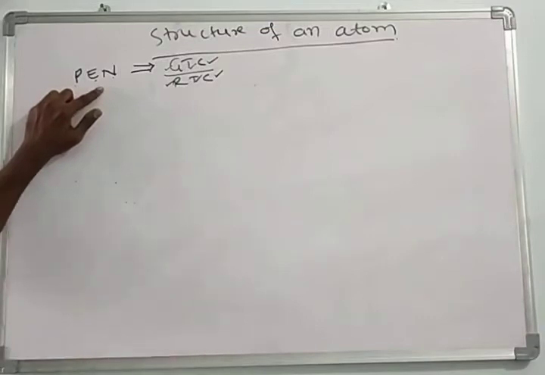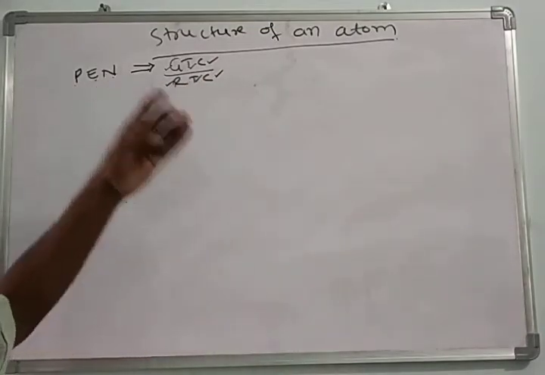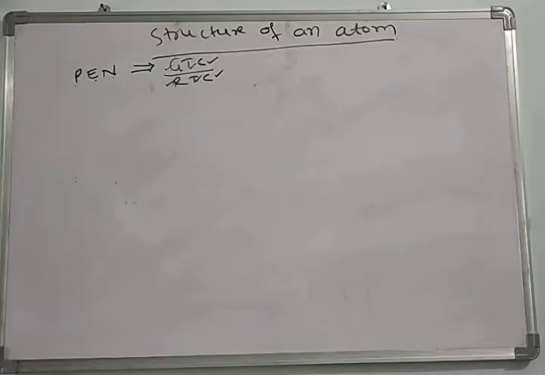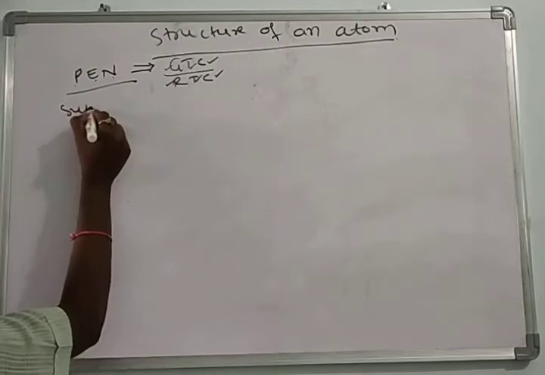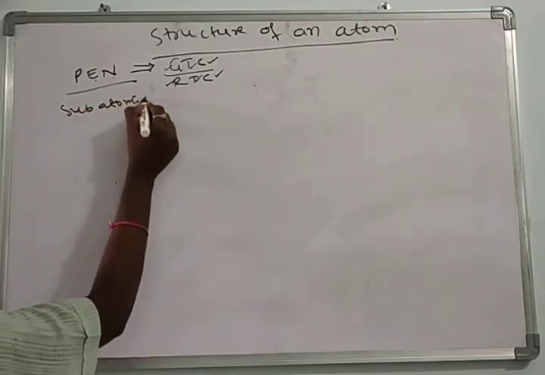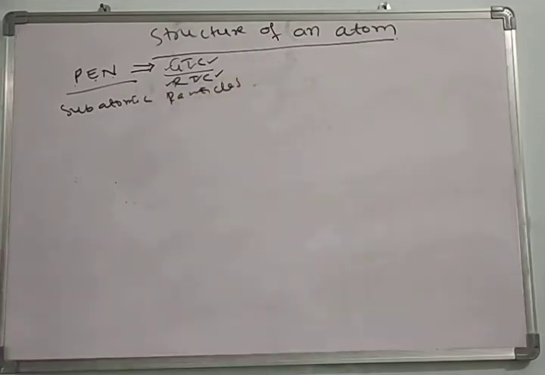This is just the discovery information about electron, proton and neutron. These three are simply called subatomic particles.